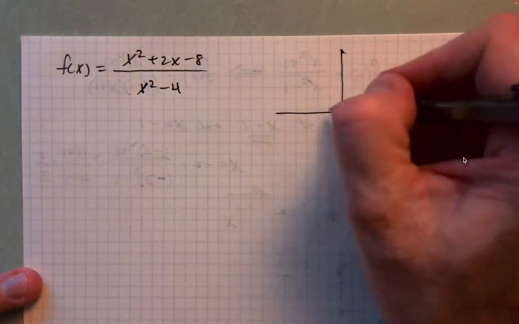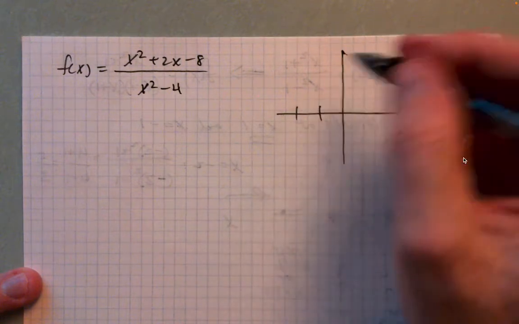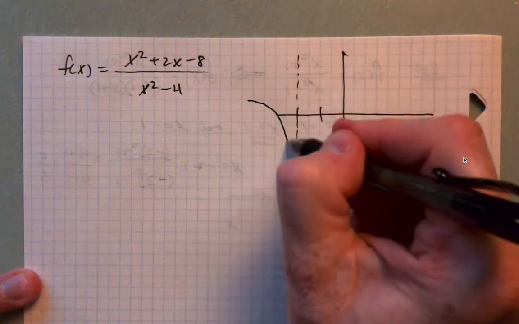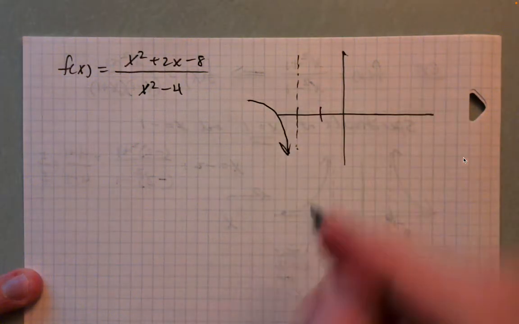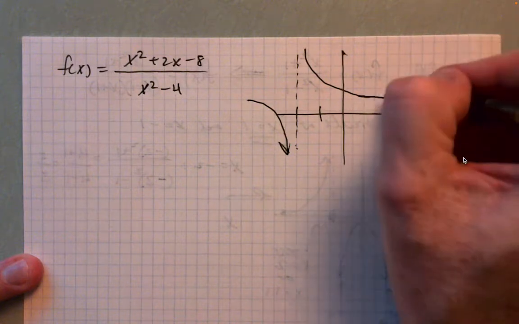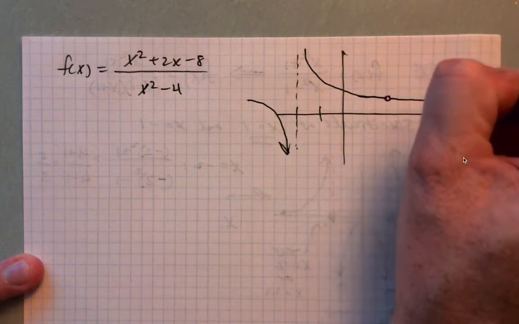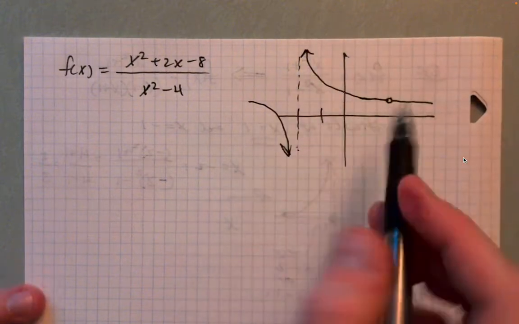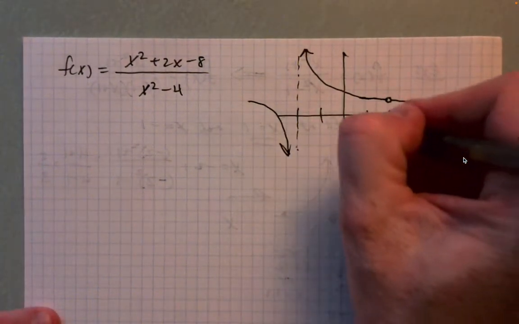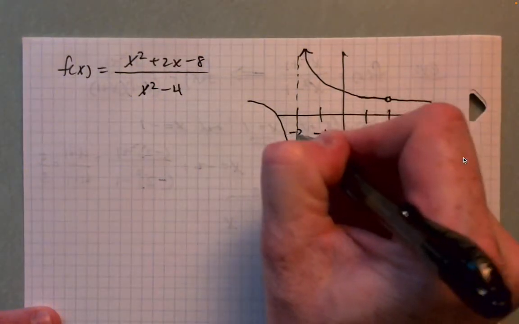So here's, we'll say, x equals -2, and there we have a vertical asymptote, and the function kind of heads down like that as we approach it. Now over here, the function looks like this, but we just have a hole. Nice smooth behavior otherwise over here at +2. So this would be 1, 2, -1, -2.